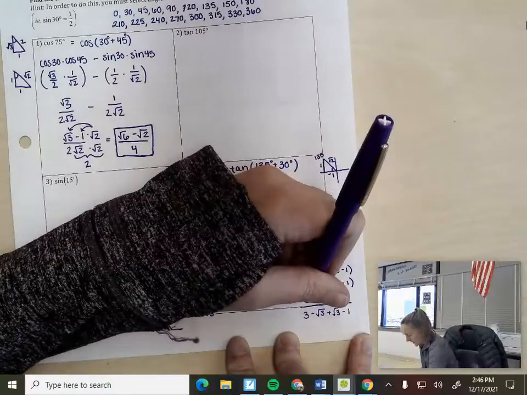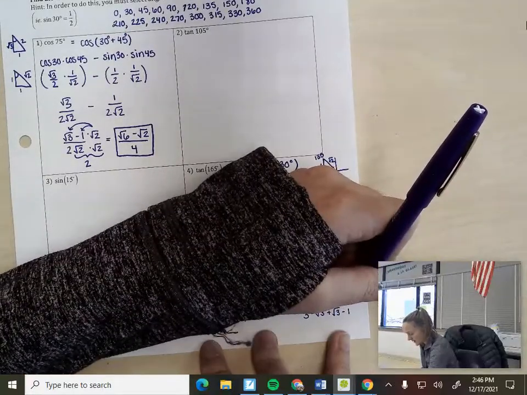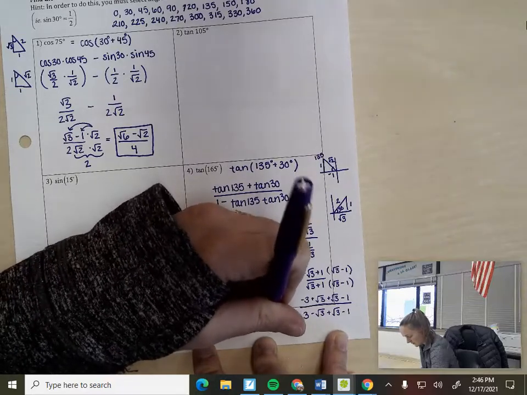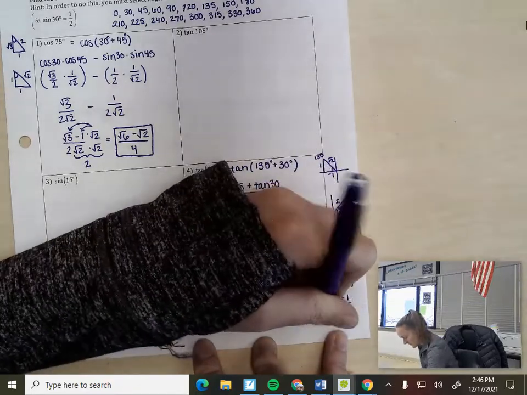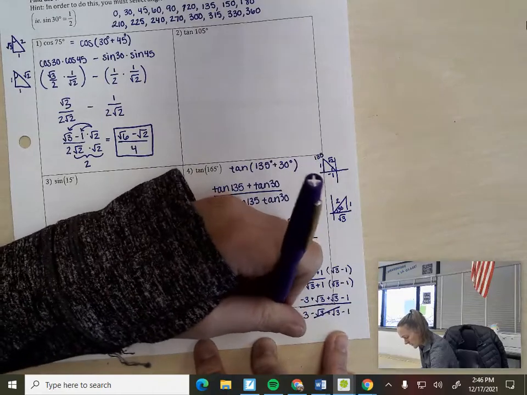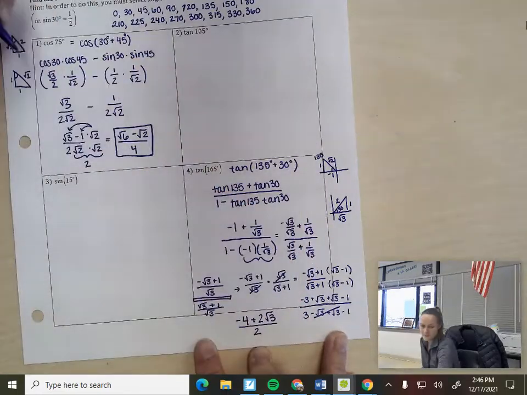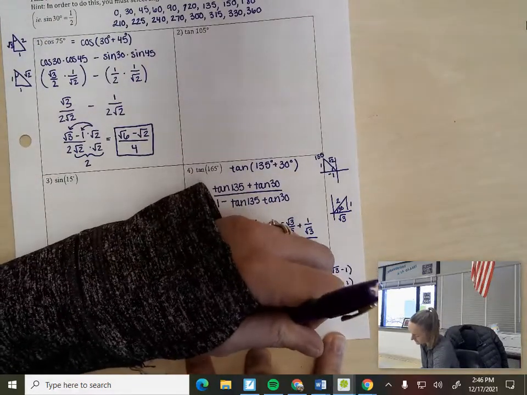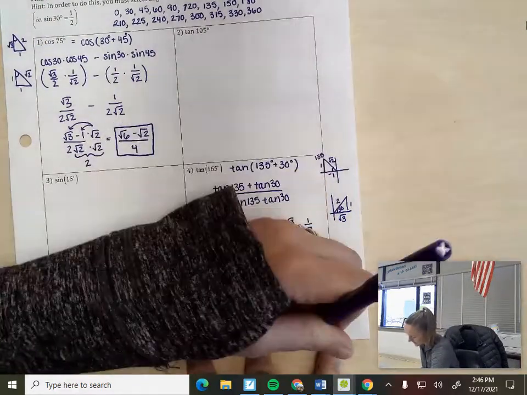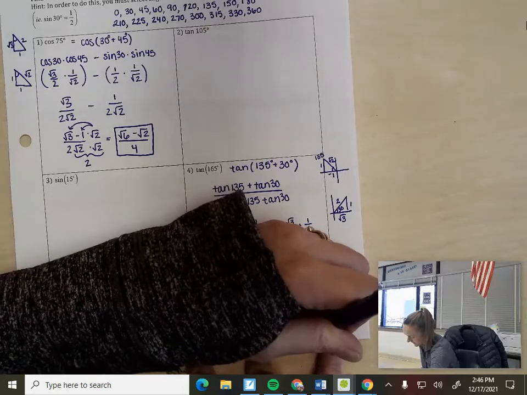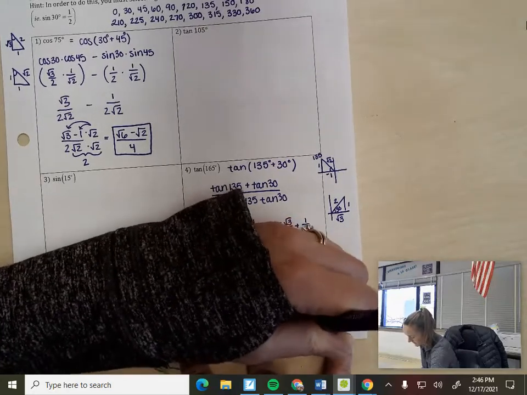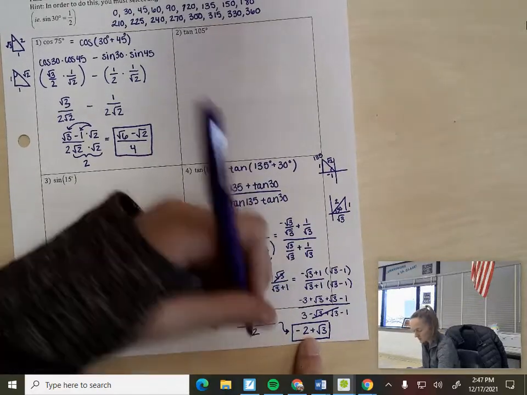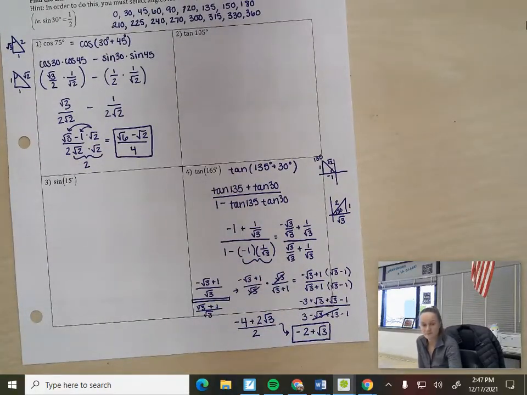So on the top, negative 3 minus 1 is negative 4 plus 2 root 3. On the bottom, we have 3 minus 1, which is 2. I'm almost done. If I divide both of these by 2, I end up with negative 2 plus root 3. Boom. 4 divided by 2 is 2, 2 divided by 2 is 1, and I leave the root 3.